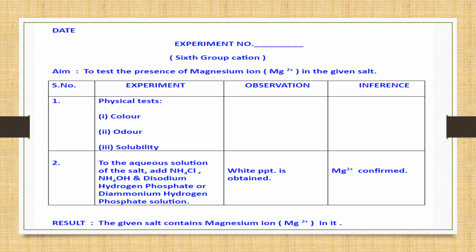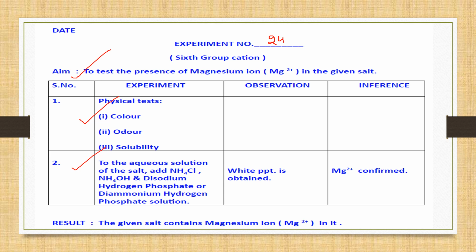This completes group 5. Now the last basic radical, which belongs to group 6, the only one in group 6, is magnesium. So this is experiment number 24. Aim is to test the presence of magnesium in the given salt. Physical tests followed by the one and only test for magnesium.